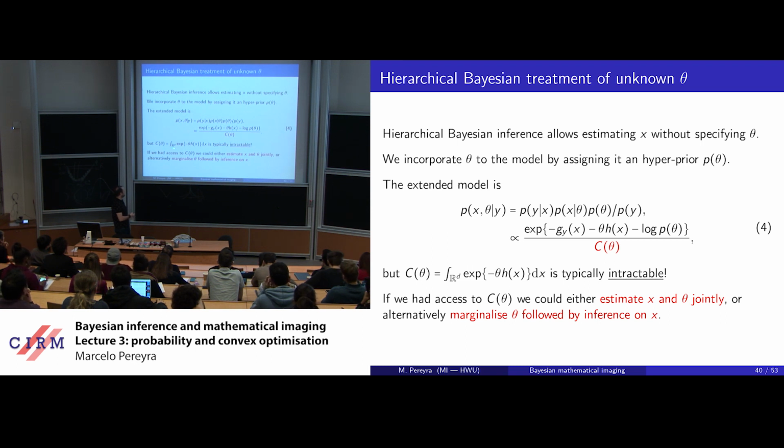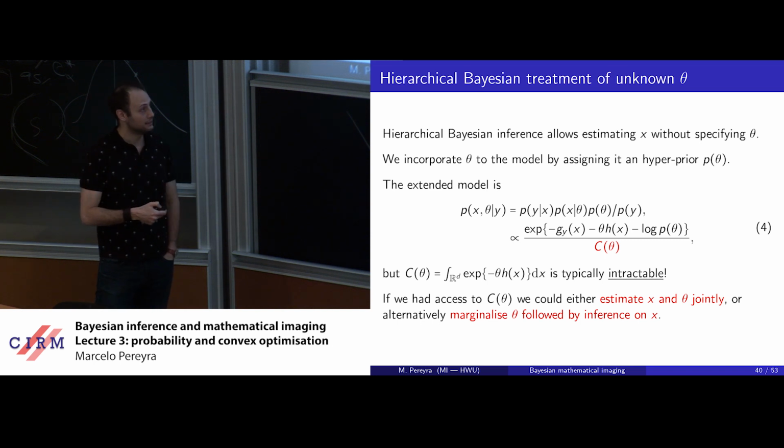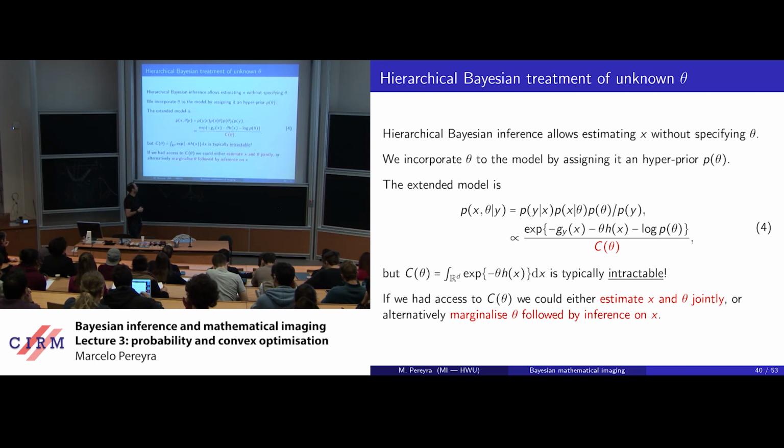And now c of theta is, again, this integral, which is intractable. I don't know how to compute this integral, so I have a term here, c of theta, that is problematic. So following this approach is problematic because there is c of theta. If we had it, then we could either estimate x and theta jointly, or even more beautifully, we could marginalize theta, so integrate out theta from the model, and get a function that depends only on x given y.